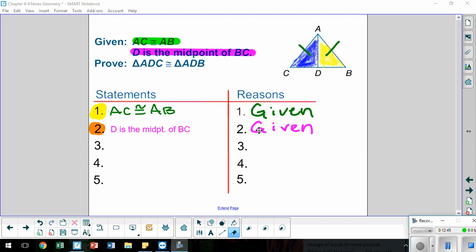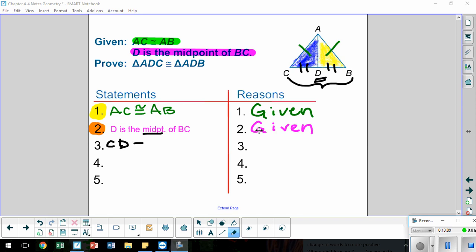Well, right, the midpoint, that's a vocab word. So if B right here is the midpoint of BC or AC, doesn't matter, or CB, that means that these two segments right there are equal. Okay, let's write that.